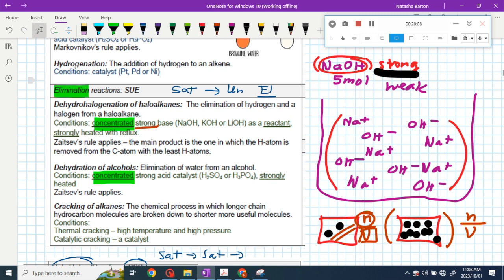Bases like NaOH or acids like sulfuric acid, their state is aqueous. That means they've been dissolved in water, and that is why we use the words dilute or concentrated. But if you are just adding water, water is a liquid. That is why we don't use the words concentrated or dilute, and you just tell me add water, and that is it. Does that answer your question?